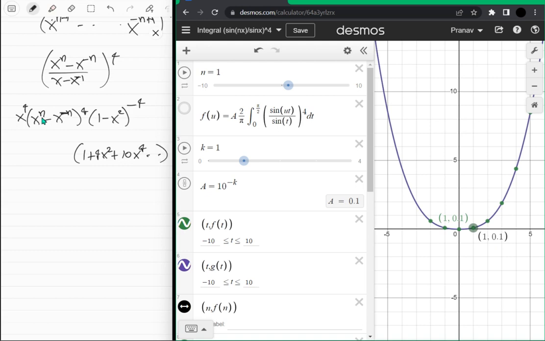We just want x power negative 4, of course. It's going to give us x power negative 4n as well. So this expansion would just be x power 4n plus 4x power, going down by 2n, by the way. So this would be 2n plus x power 0, and then plus x power negative 2n. Sorry, and this will be 6 over here.